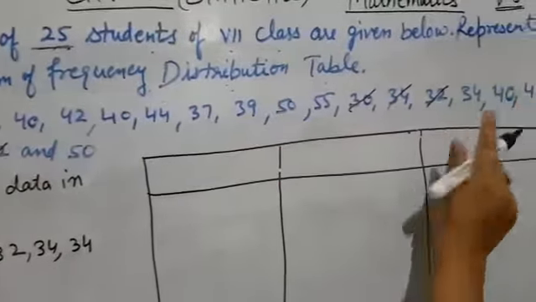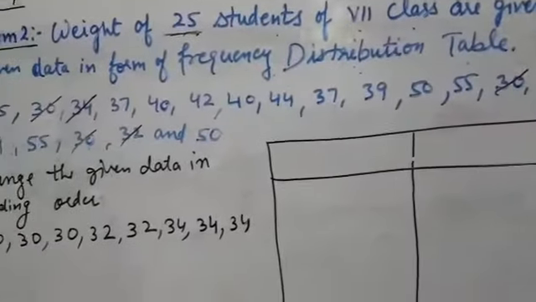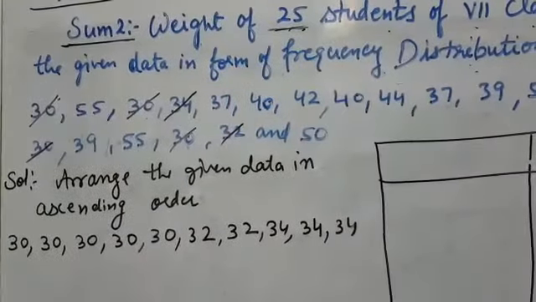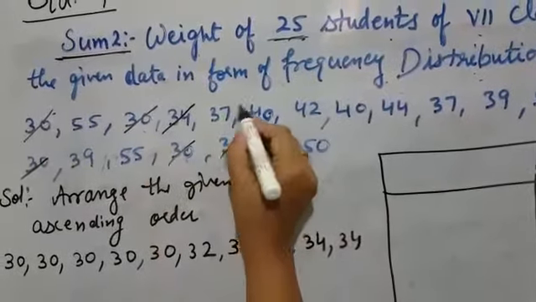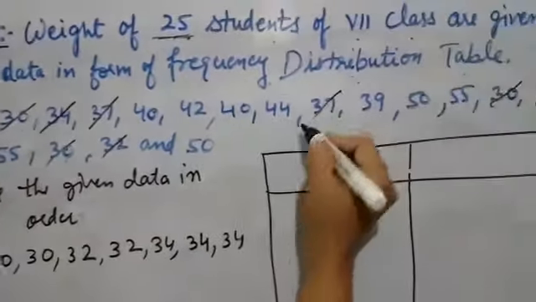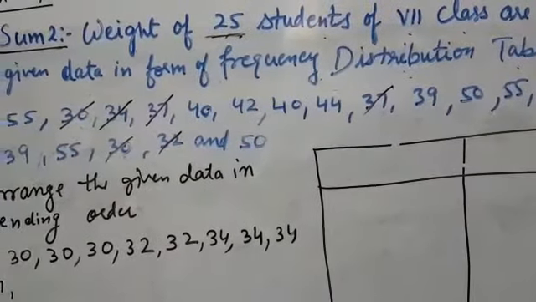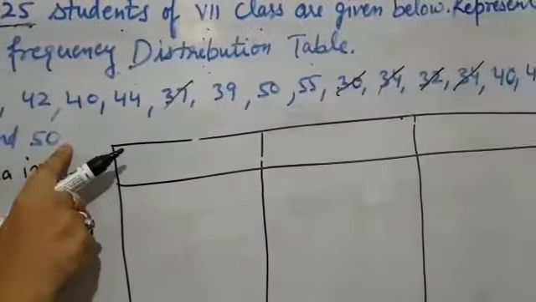Yes, so 34 appears three times. After 34, look at the data. What is there? 37. Another 37. Now there is no other 37 more.